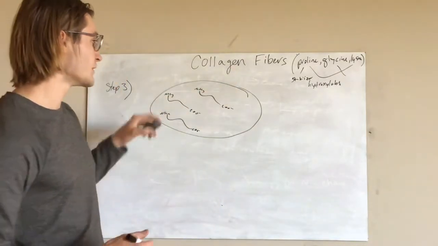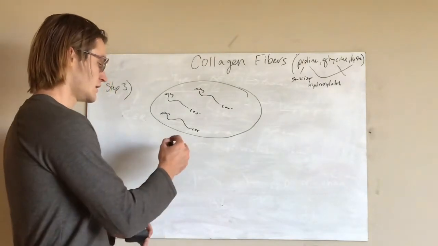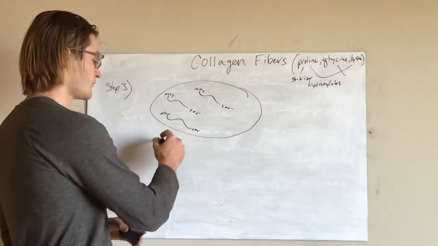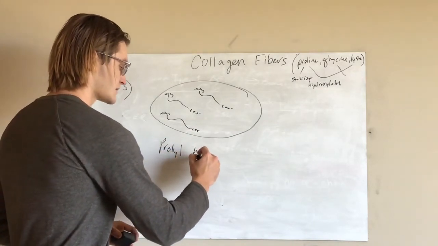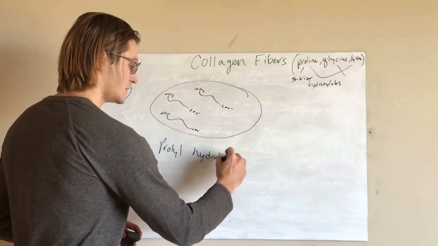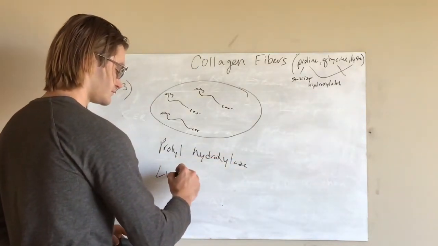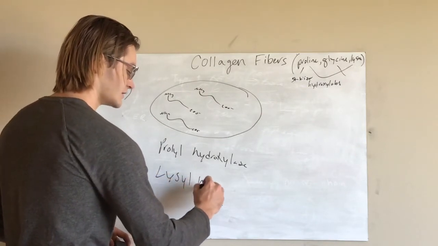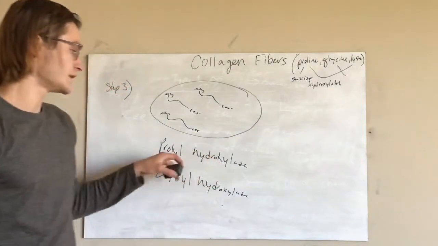These are all in the formation of the collagen fibers. So what's going to happen in here is a bit more complicated, but we're going to have prolyl hydroxylase and lysyl hydroxylase. And what do you think these are going to do?